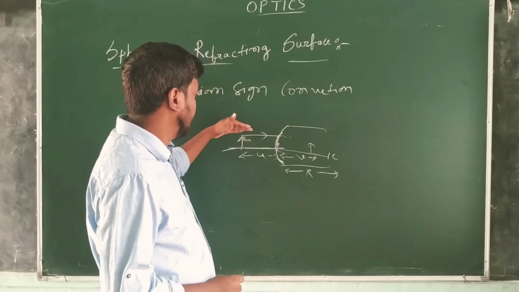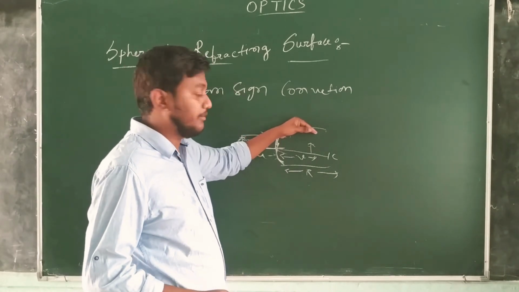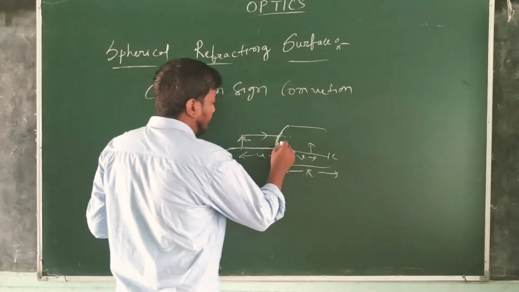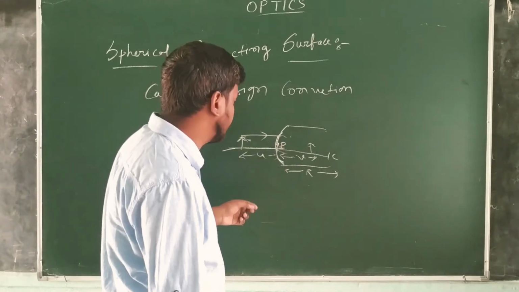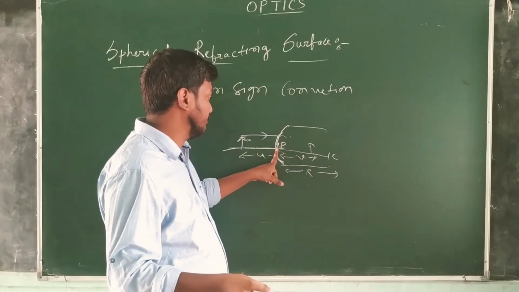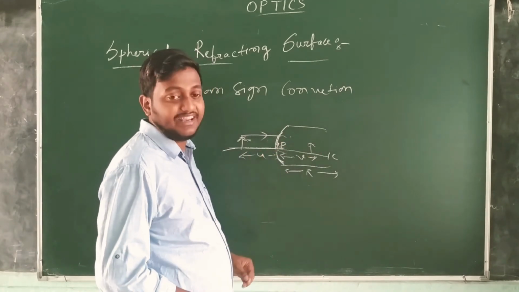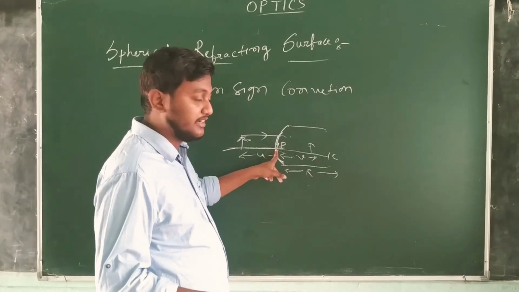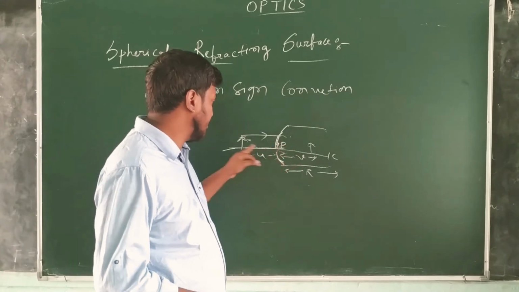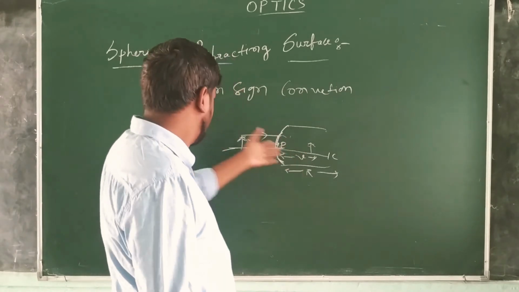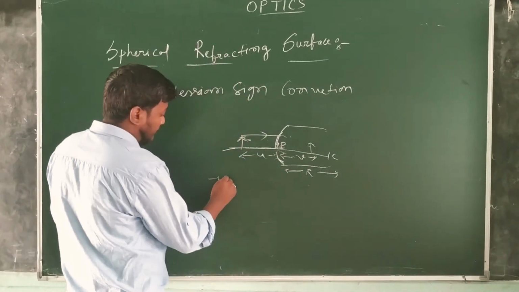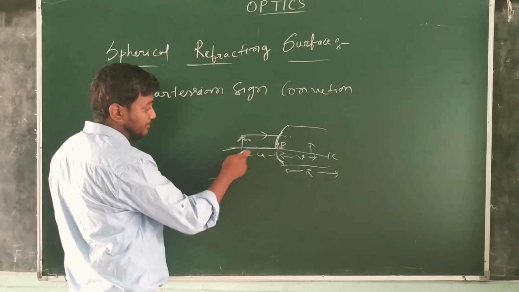All distances are measured from the pole, so the reference should be the pole of the spherical surface. The distance measured along the same side as the incident ray is taken as positive. Here the object is measured in the opposite direction of the incident ray, so the object distance will be negative.